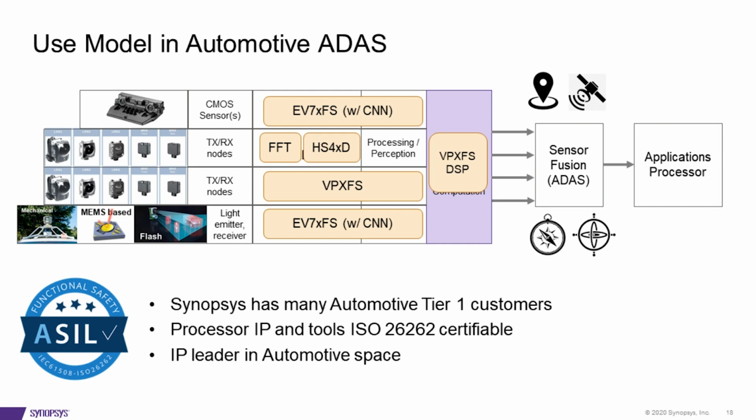On the sensor side, depending on the level and the number of sensors required, you may need something like our embedded vision processor and the vector DSP capability there, and the convolutional neural network that's used for surveillance and image detection and recognition.